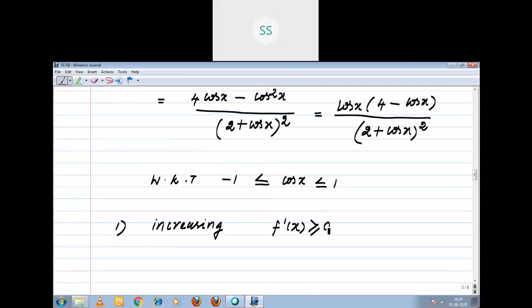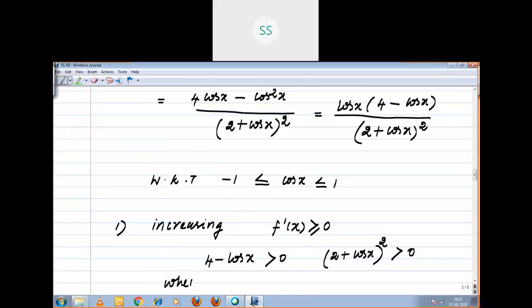That means, you see here, 4 minus cos x is definitely greater than 0, because the range is minus 1 to 1. Whatever value you assign here, the value is greater than 0. The same way, 2 plus cos x, the whole square, is also greater than 0.